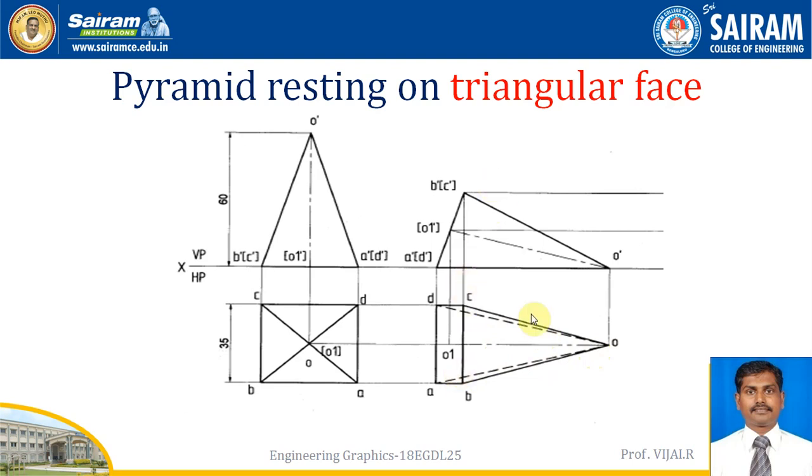This CBO is a triangular face. When we are seeing from here, this is the triangular face, you can see it visible, and the bottom ADO is invisible and hidden, so we make it a hidden line.